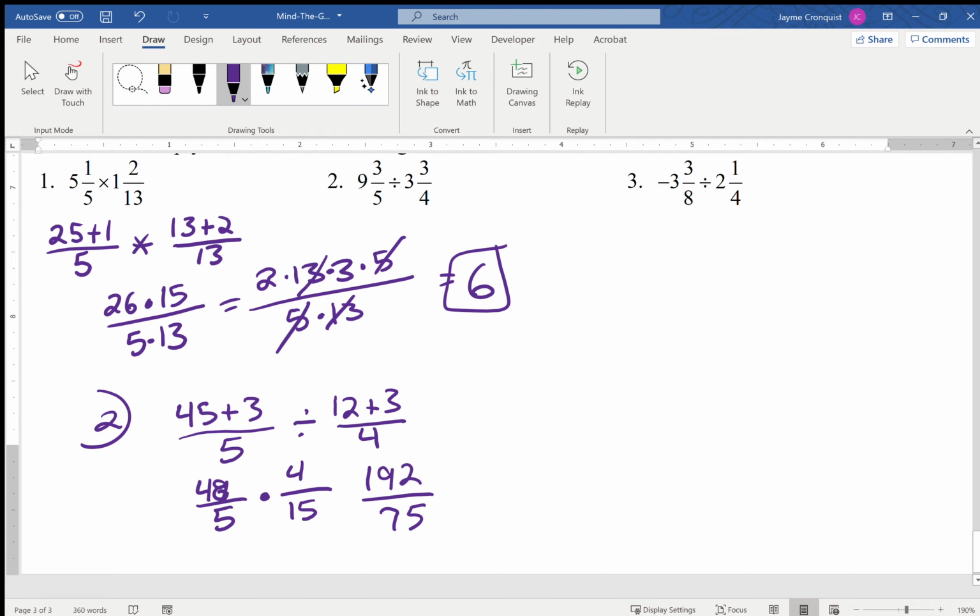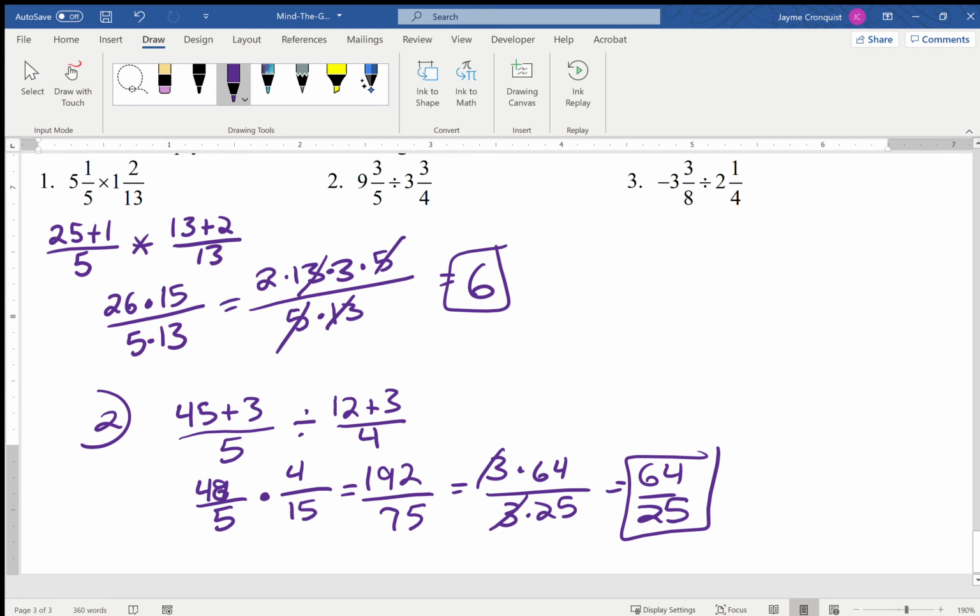Oh, nope, they both have 3s, because 75 is 3 times 5 times 5. So this 192 is 3 times 64, and this is 3 times 25. So our final answer would be 64 over 25, which is 2 and 14 over 25.